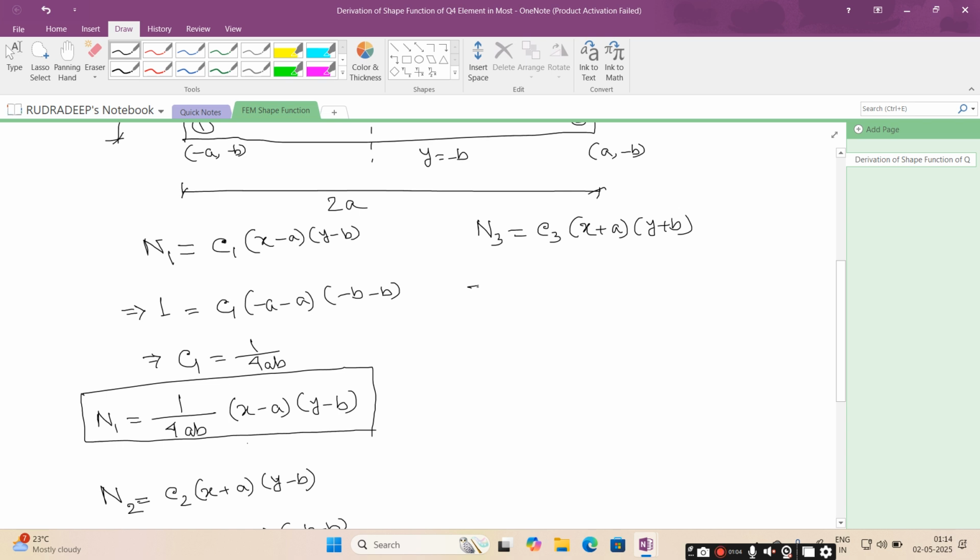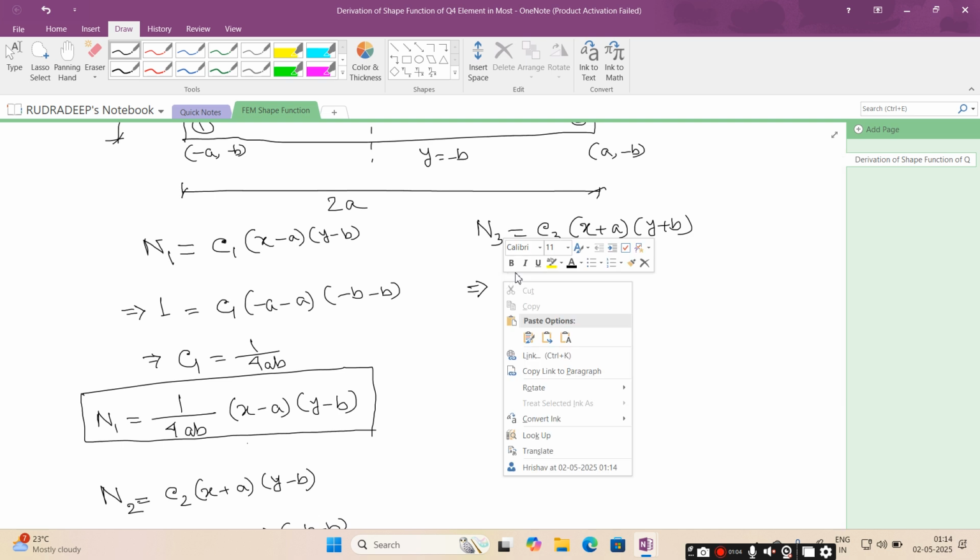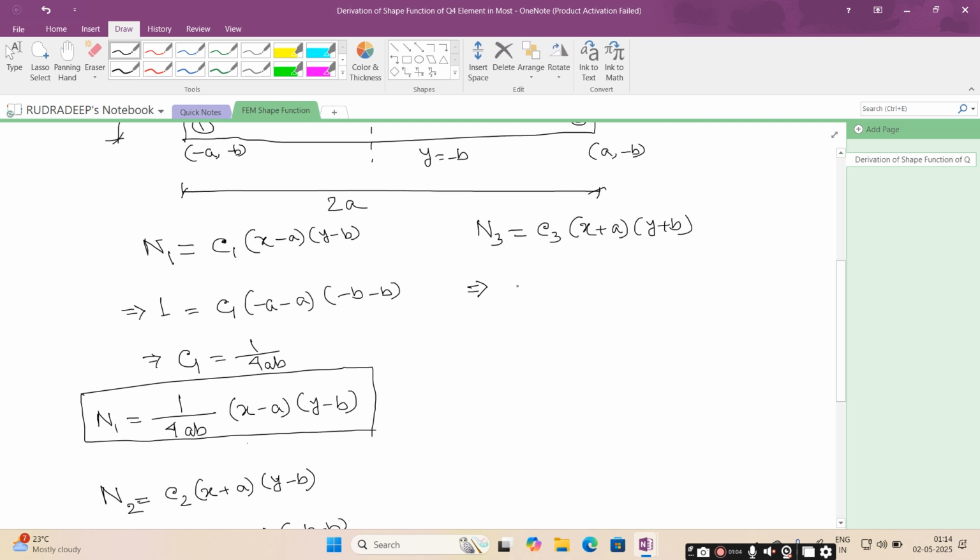And similarly, I will calculate the value of c3. At node 3, the shape function value will be 1. So 1 equals c3 times the values, x is a and y is b at node 3. So this is the value of c3.